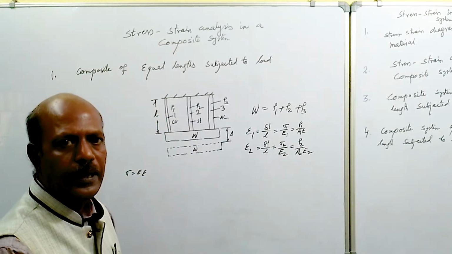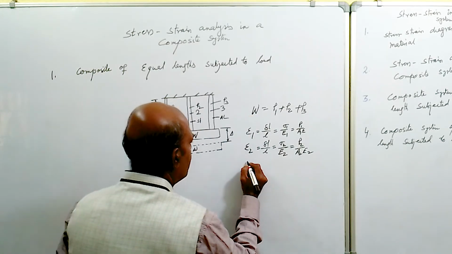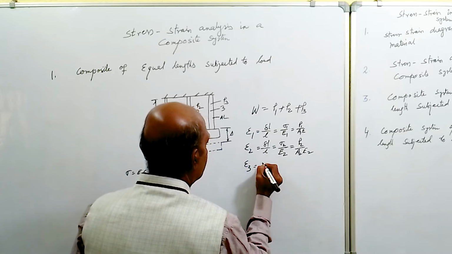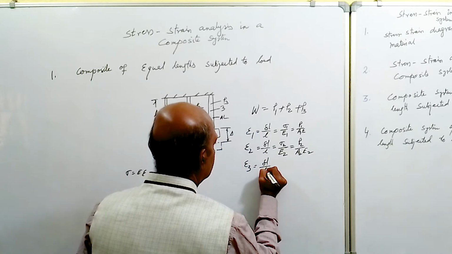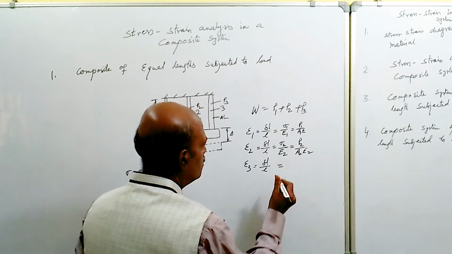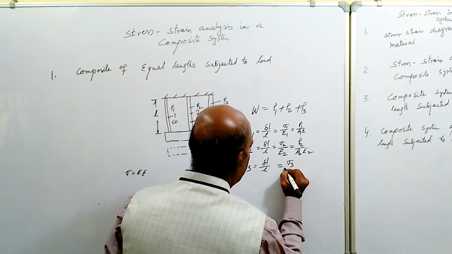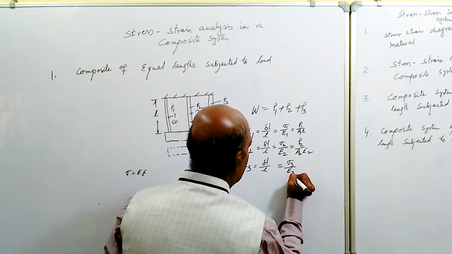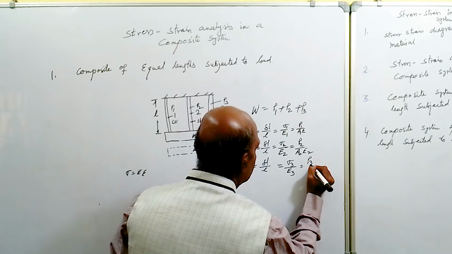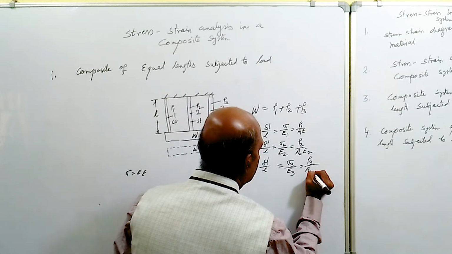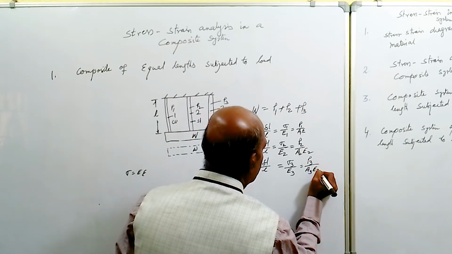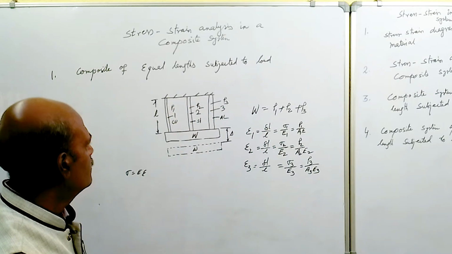And the strain developed in bar 3, epsilon 3, you can write delta L by L, that is equal to sigma 3 by E3, and that is equal to P3 by A3 into E3.